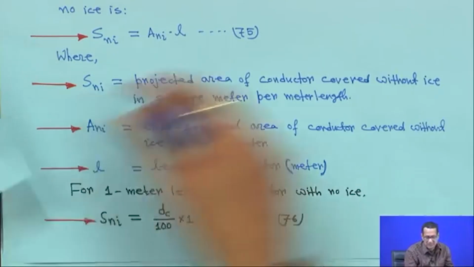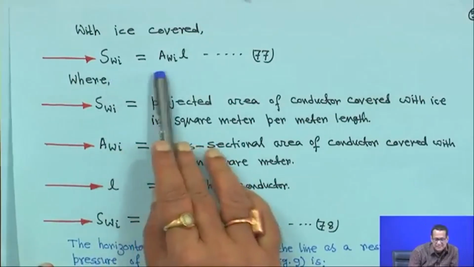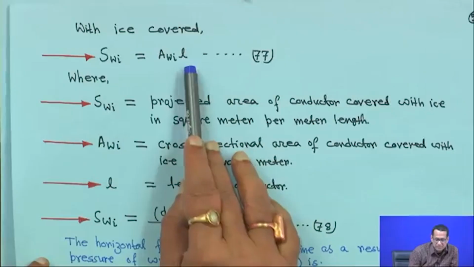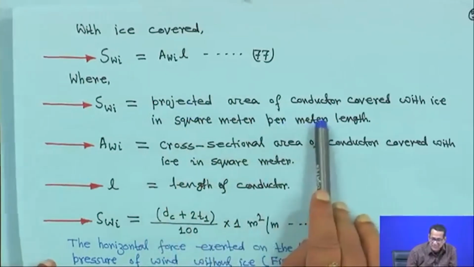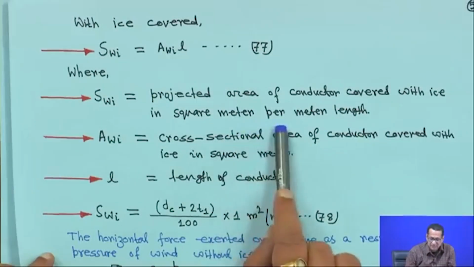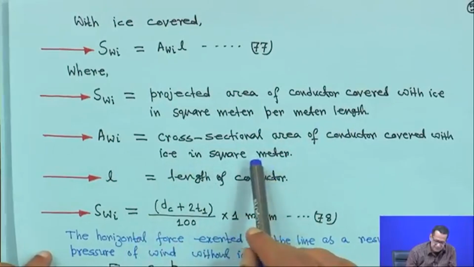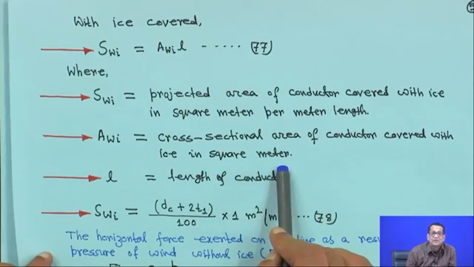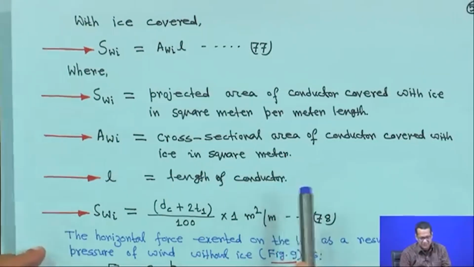Similarly, when ice covered, again the same thing you write. Earlier we saw SNI, that is no ice, now SWI, that is with ice, that is AWI into L, the meaning is the same. SWI is the projected area of the conductor covered with ice in square meter per meter length. AWI is equal to the cross-sectional area of the conductor covered with ice in square meter, and L is equal to the length of the conductor, say 1 meter.